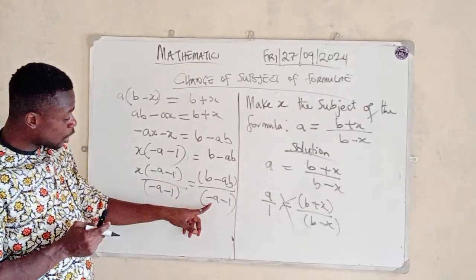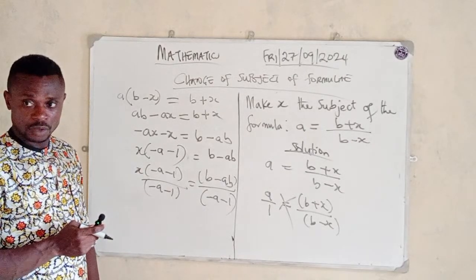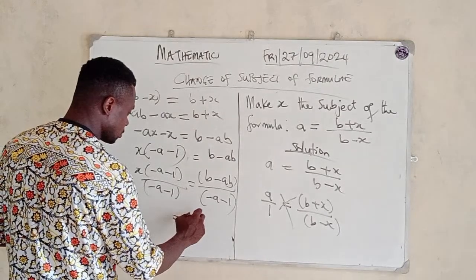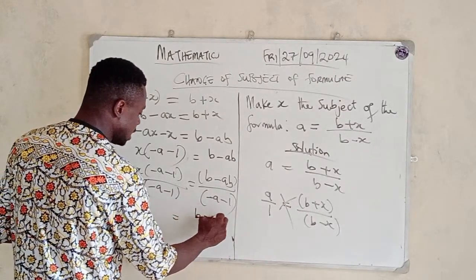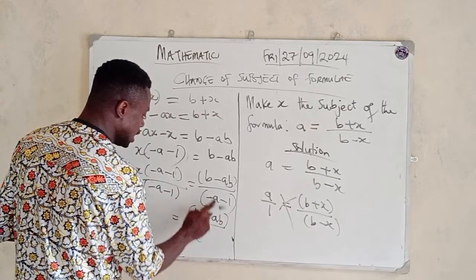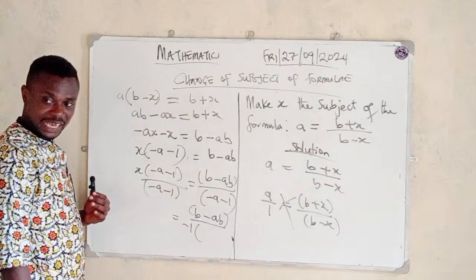I can bring out minus 1 from here. Hope you know. So if you bring out minus 1, it becomes B minus AB over minus 1. Here becomes what? Minus A again.